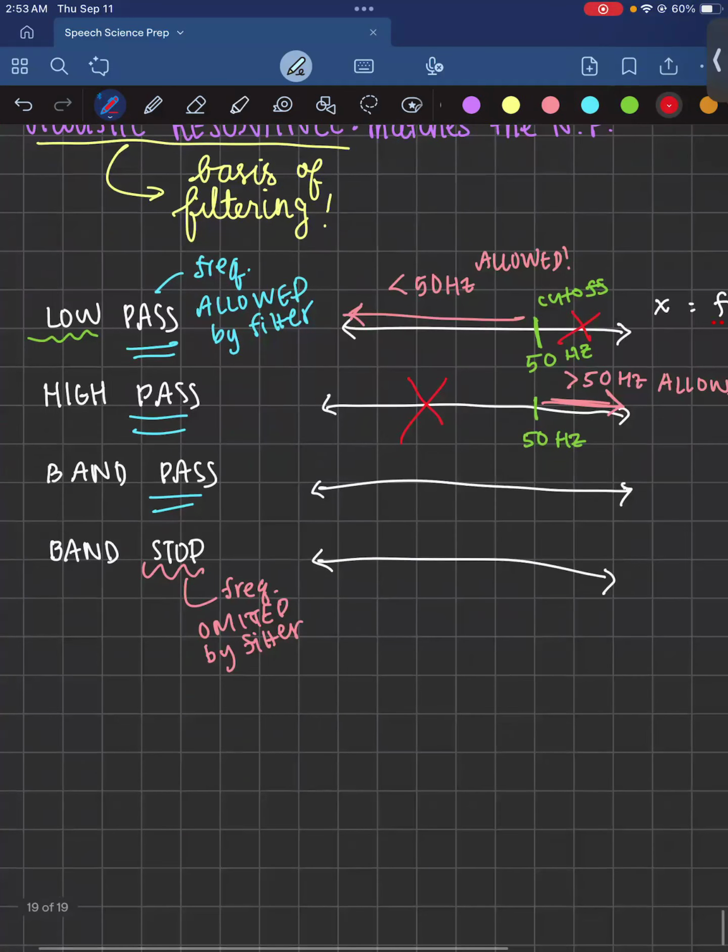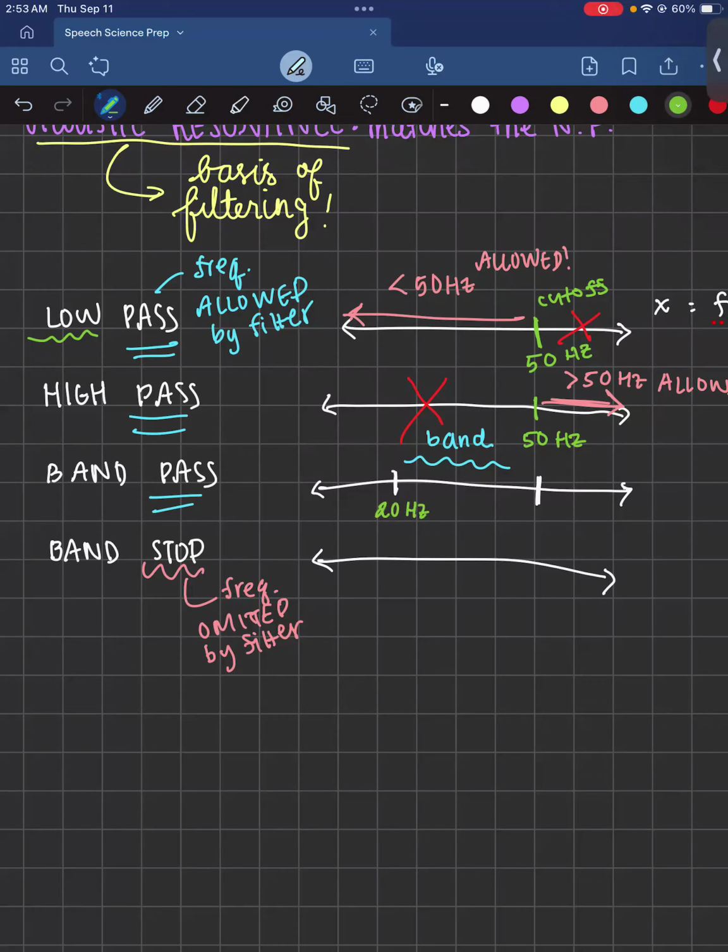And then band pass basically is kind of like if you combine the two, like if you add a low pass filter and a high pass filter, and this area in between is called the band. So the band just means between two different frequencies. For example, if I set this as 20 hertz to 50 hertz, also again, all random numbers that I'm just pulling out of my head at this point.